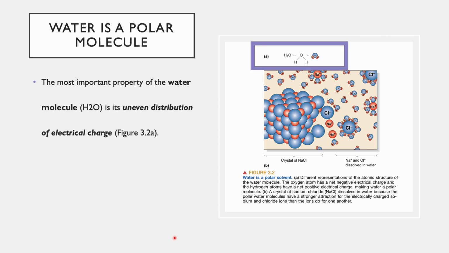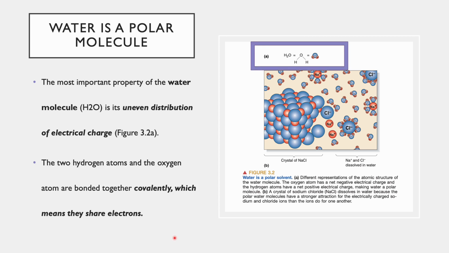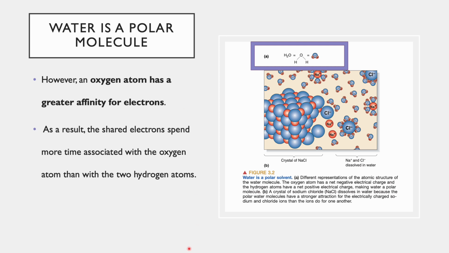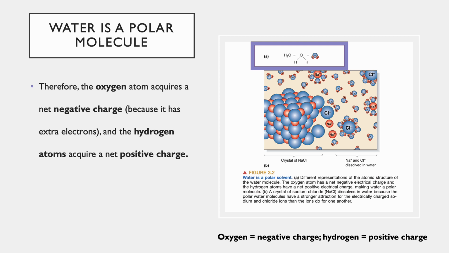Here is the chemical formula for H2O. Two hydrogen atoms and one oxygen atom are bonded together covalently. This means that they share electrons. However, an oxygen atom has greater affinity for these electrons, and as a result, the shared electrons spend more time associated with the oxygen atom than with the two hydrogen atoms.